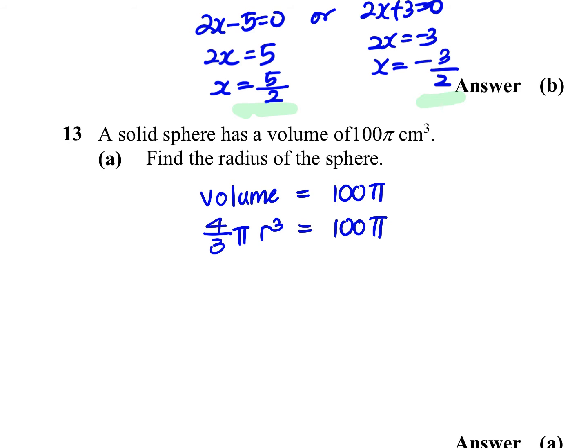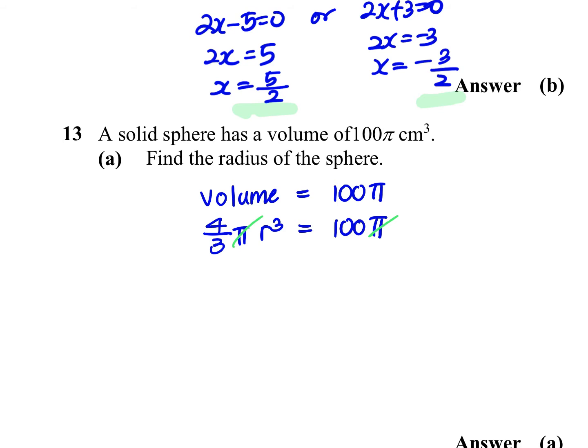Then, starting from the back, Eden, what do you notice? What can I cancel out to help me simplify the question? 4 over 3 cancel out. There is something that has a decimal there that I don't like, the pi, yes, we cancel out the pi. So I'm left with 4 over 3 r cubed. Then how do we get rid of the 4 over 3, Jiaxuan? 100 over 4 over 3, okay, but must simplify.